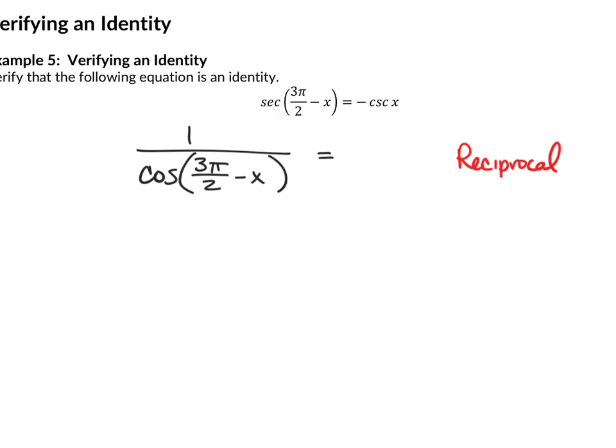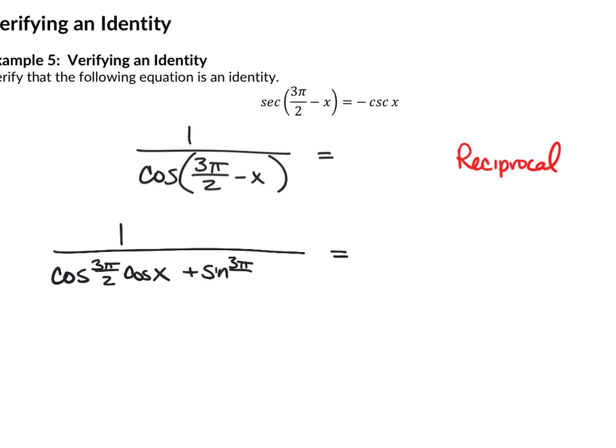Okay. Now that we have this, we do have a sum and difference formula for cosine. So we can expand this whole thing out using that sum and difference formula. It would be the cosine of 3 pi over 2 times the cosine of x plus the sine of 3 pi over 2 times the sine of x.